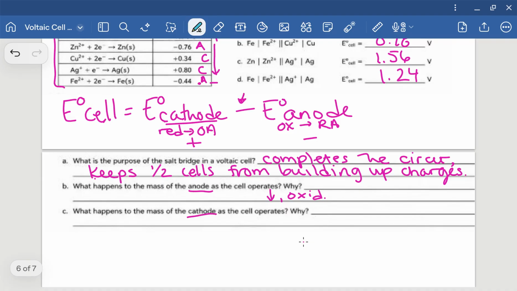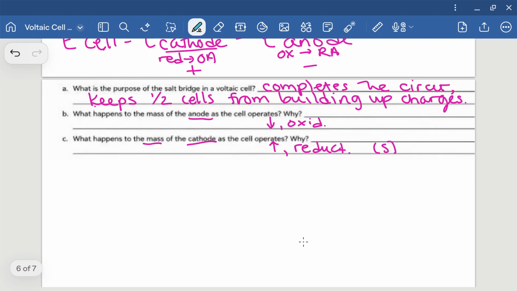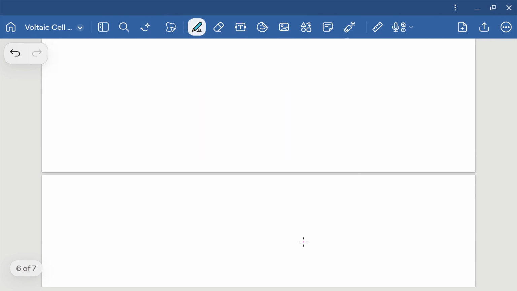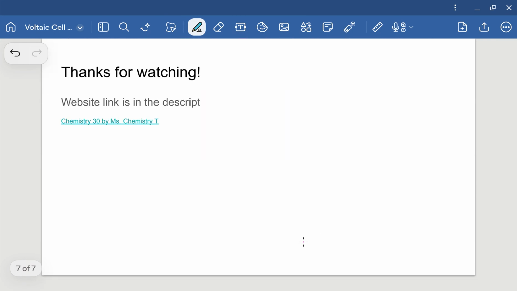Well, that cathode is increasing in mass, and the reason why, it's undergoing reduction. So the ions within solution, that is what's undergoing reduction. It's going to gain electrons and make a solid, and then that solid is going to attach itself to the cathode. So that's our quick little worksheet going over how the voltaic cell works and how we calculate cell potential.